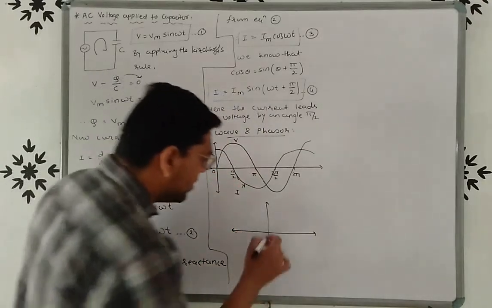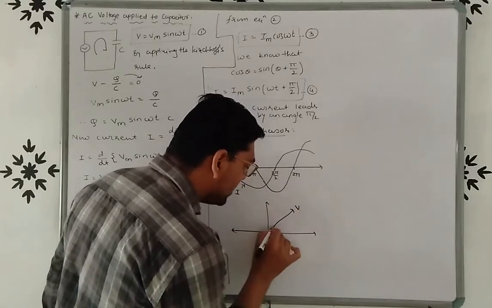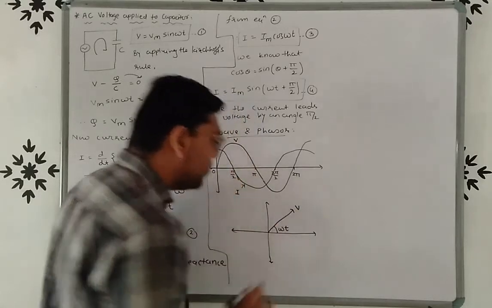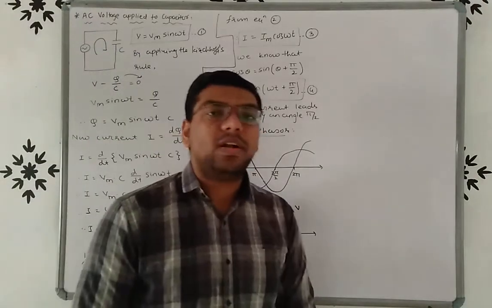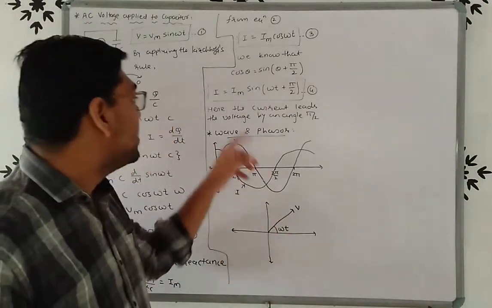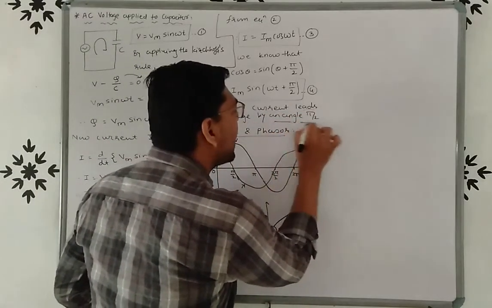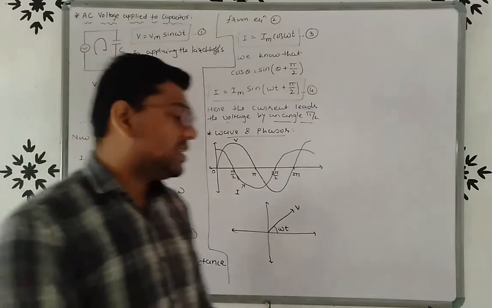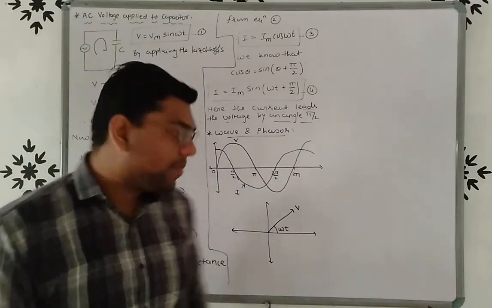Now, this is the phasor of voltage, V = Vm sin omega t. Here the current leads the voltage by angle pi by 2, or you can say the current is ahead of the voltage by angle pi by 2.